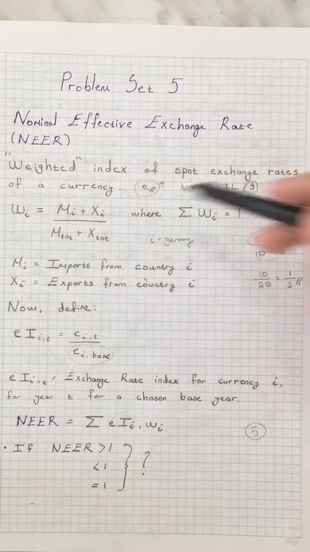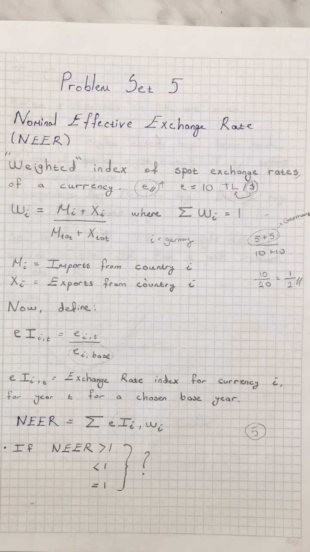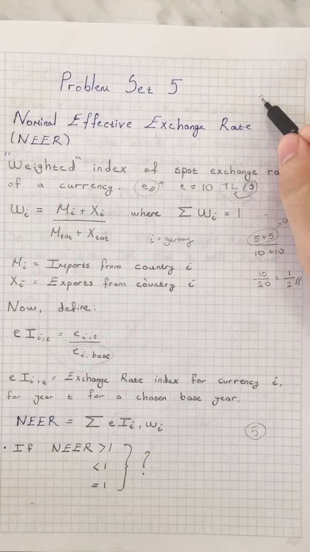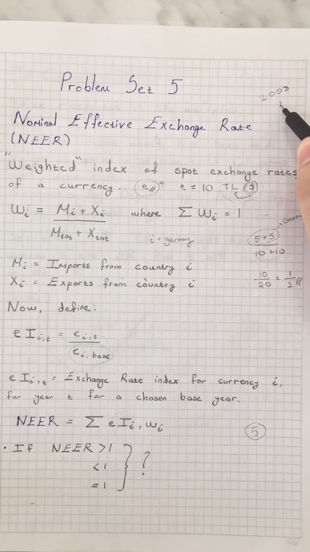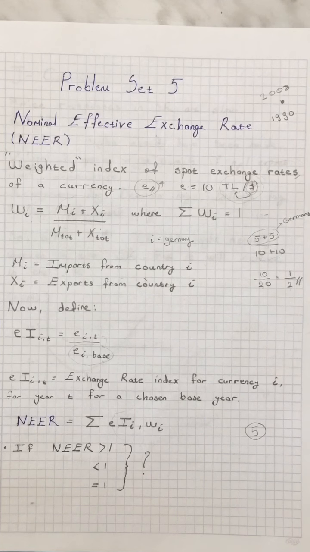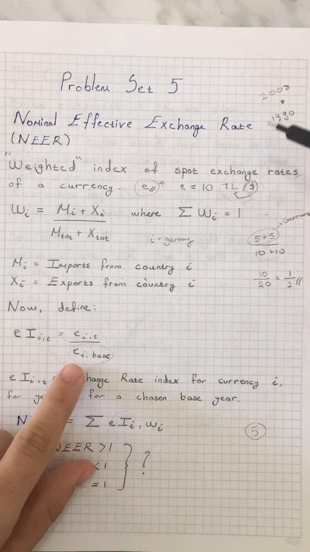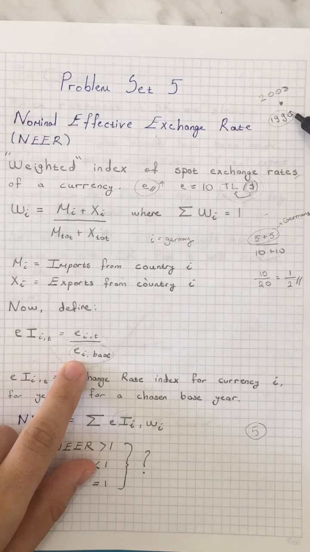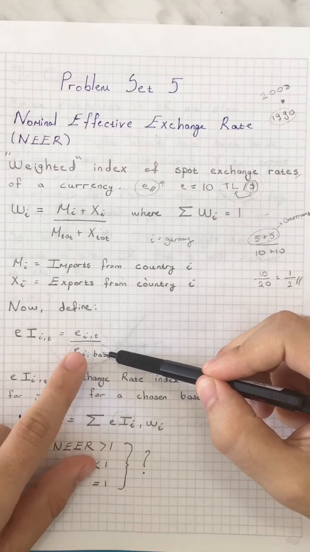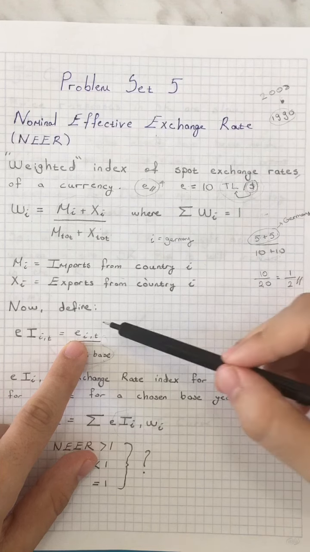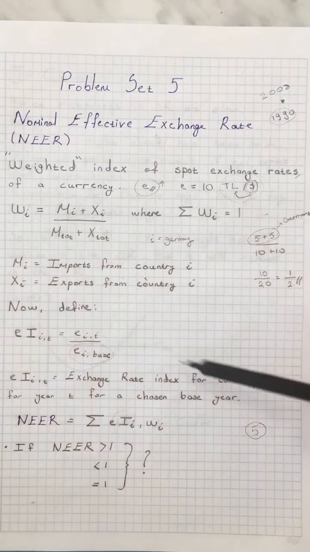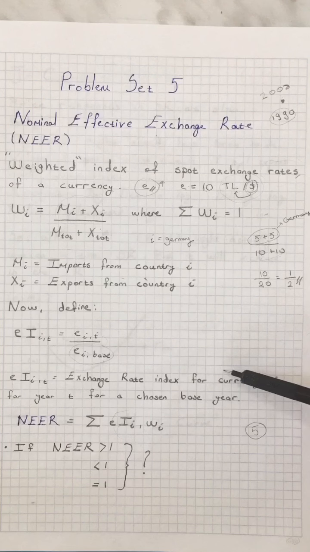So you calculate the weight for all of the countries, and then you go to calculating the exchange rate index. If you want to know the nominal effective rate in 2008, and our base year is, let's say, 1990, we put the exchange rate in 1990 here, and the exchange rate in 2008 here, and then we calculate the exchange rate index for currency i for year t and for a chosen base year.